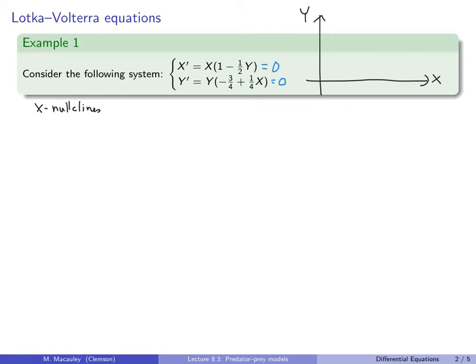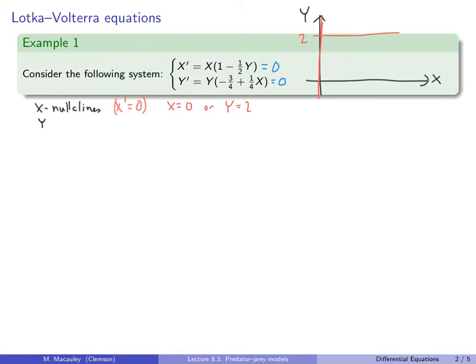Remember that happens when x prime is 0. So x prime is 0 when either x is 0 or 1 minus 1/2 y is 0. So that's either x equals 0 or y equals 2. So x being 0 is this, y equaling 2 is that line.